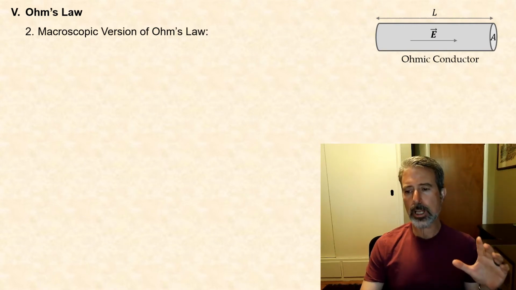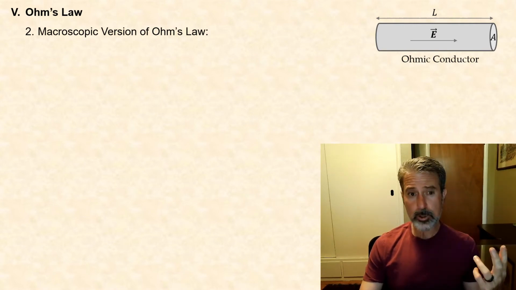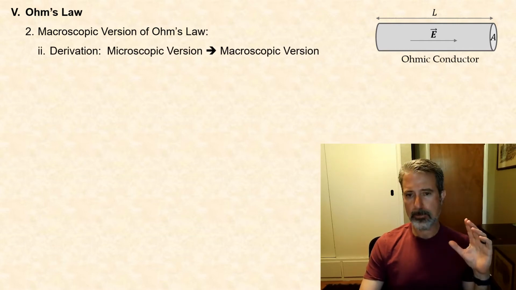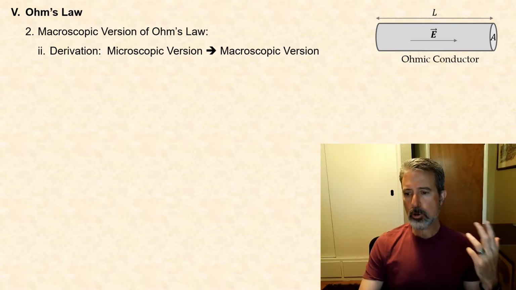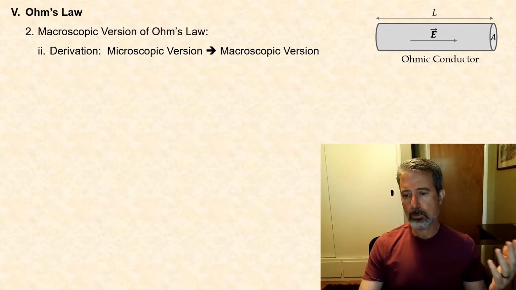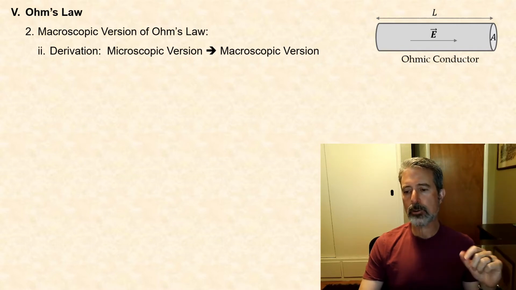All right, so in this slide we will see how the macroscopic version of Ohm's law can be derived naturally from the microscopic version. So as long as we have an ohmic conductor, and by the way, not all materials are ohmic. In other words, not all materials obey Ohm's law. Most metals do, but not all metals.